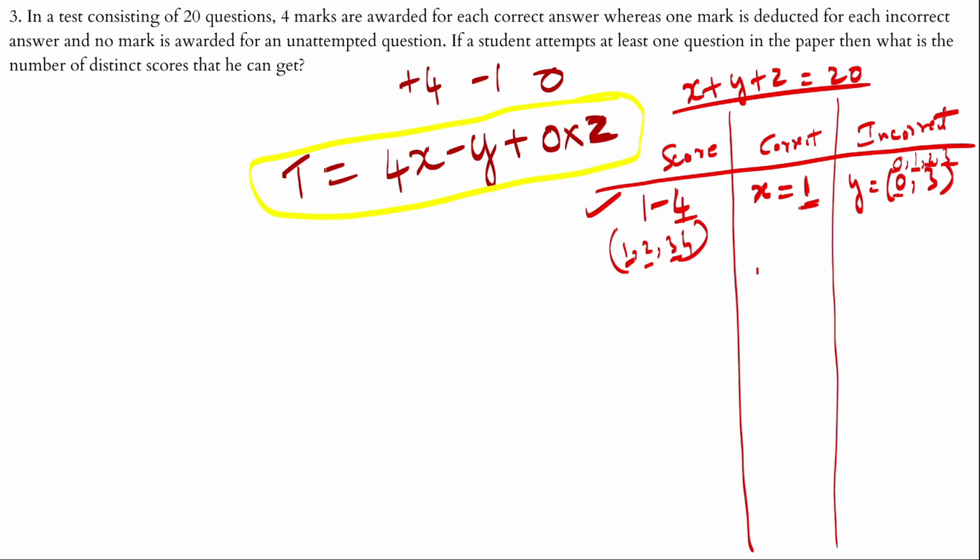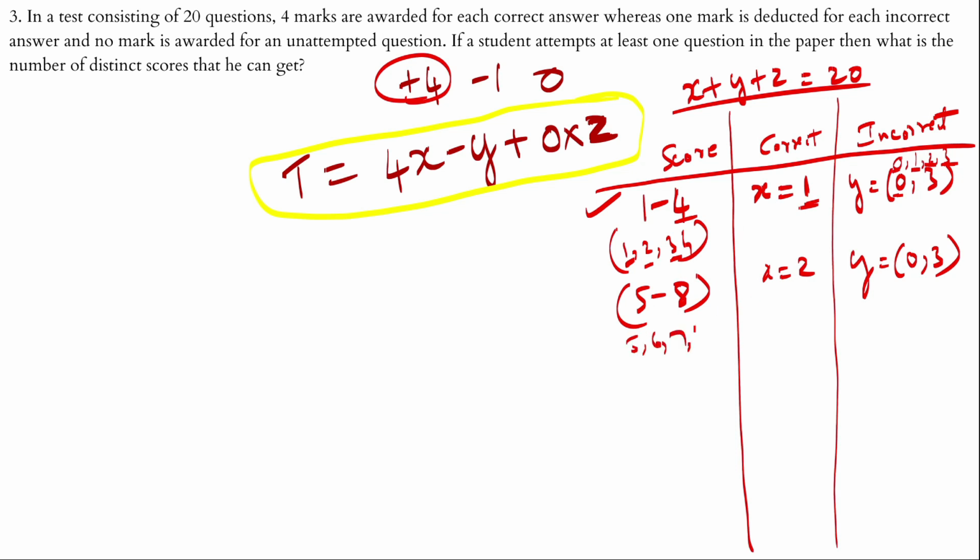And if x is equal to 2, then y varies between 0 and 3, and the score will vary between 5 and 8, because I told that we have to take multiples of 4, as it is 4 plus 4, so the next range is 5 to 8, that is 5, 6, 7, 8.